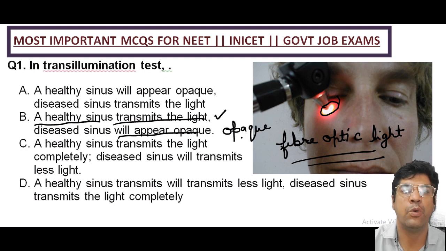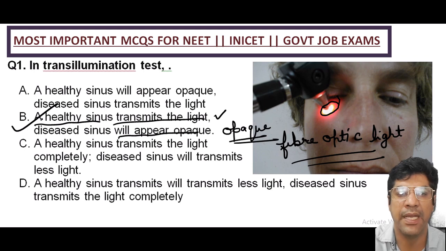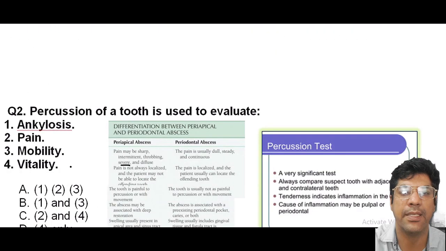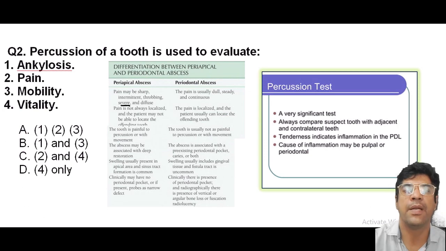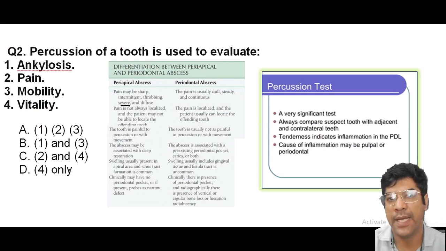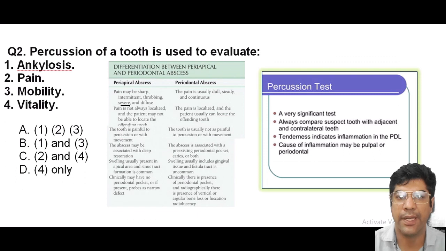Now let us move to the another question. The percussion of tooth is used to evaluate what? Well, we know that percussion test is a valuable diagnostic tool in endodontics.